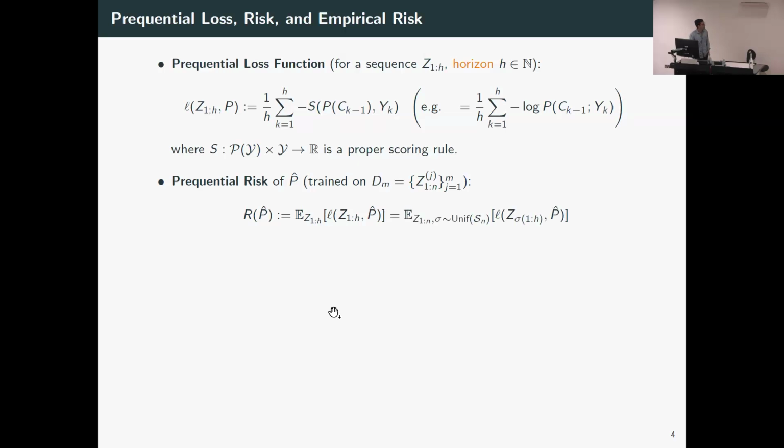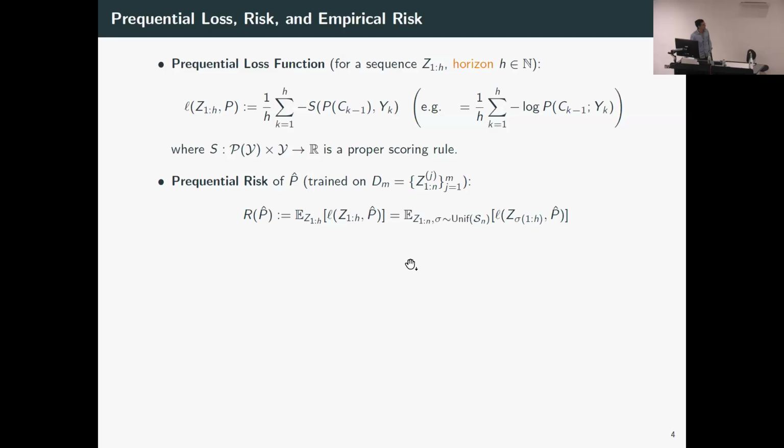Because for convenience I'm assuming that each sequence is exchangeable, I can write the risk also by randomizing the order of the observations. I can introduce a random permutation of the integers from 1 to n, where I have a sequence of n observations and I'm taking the permutation and looking at the first H. This identity is just a consequence of exchangeability.